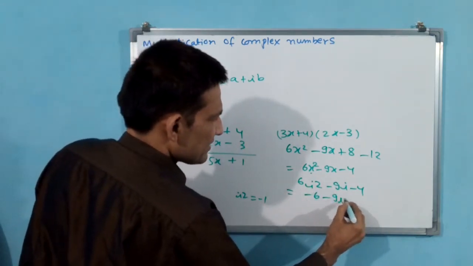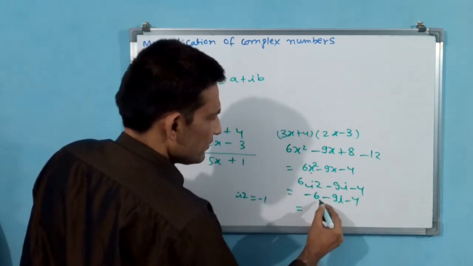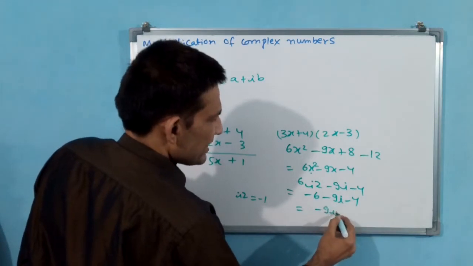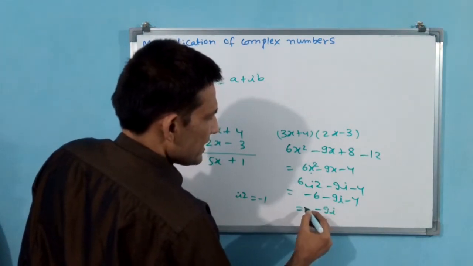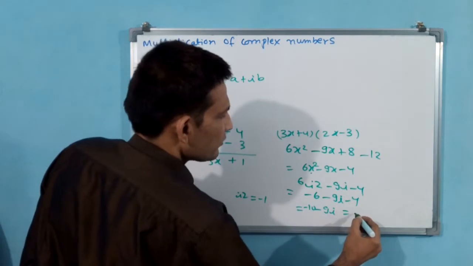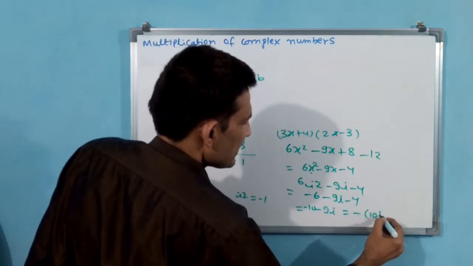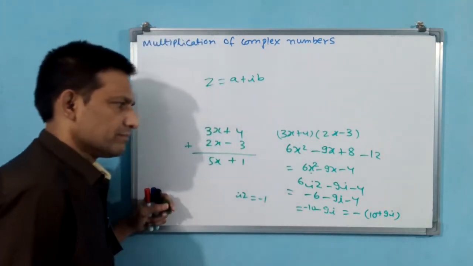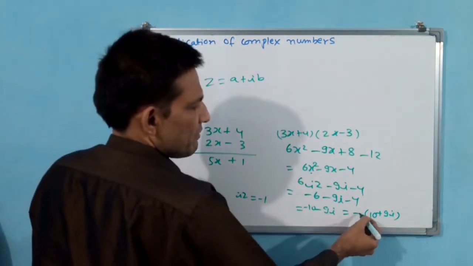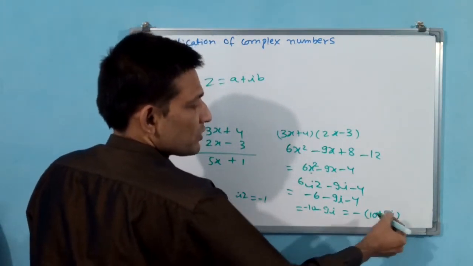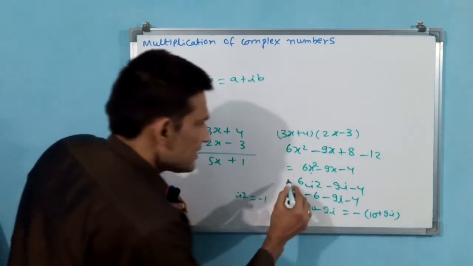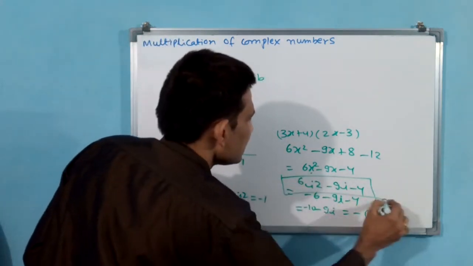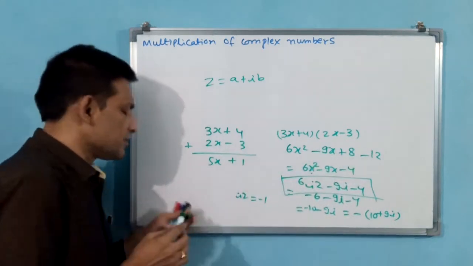Minus 6 minus 9i minus 4 is equal to minus 9i minus 10. Or else, if we take minus common, minus (10 plus 9i). This is equivalent, but this is algebra only.